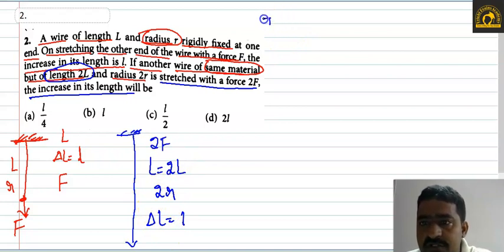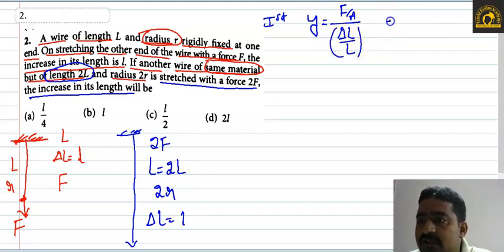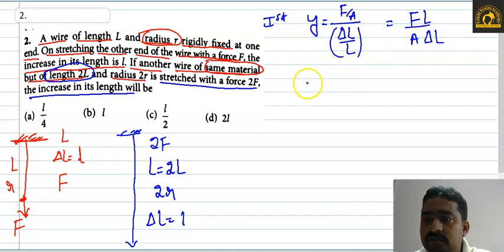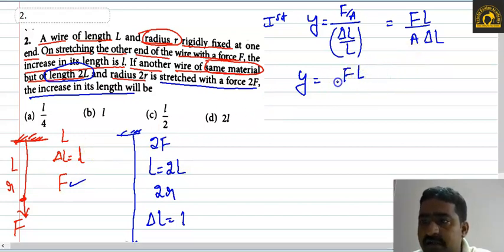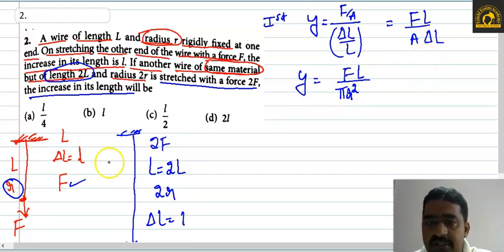Now come to the first one. Young's modulus is force by area over change in length divided by original length, so the final equation is FL divided by A delta L. Put the values: force is F, length is L, area of cross section is pi R square, and the increase in length is small l.